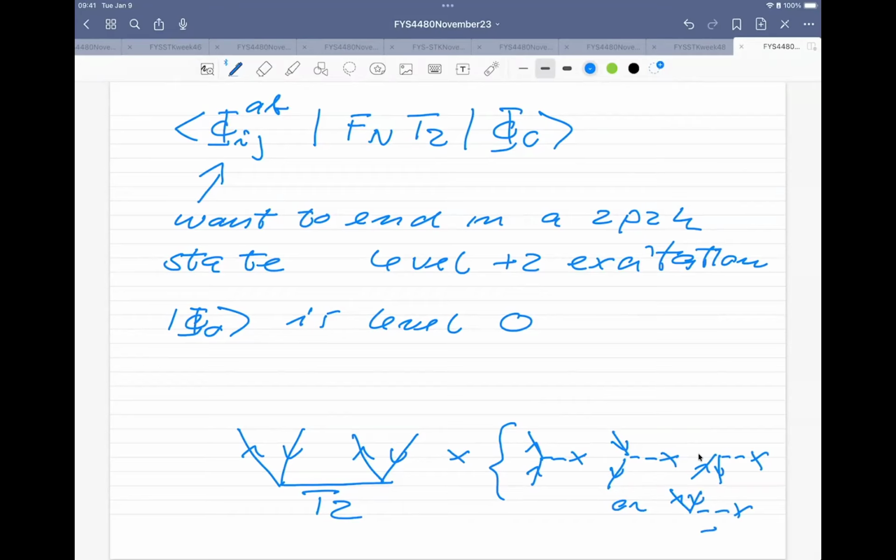So this is a +1, this is a +1, this is a 0, and this is a +2 level. So I actually want to end with a +2 level.